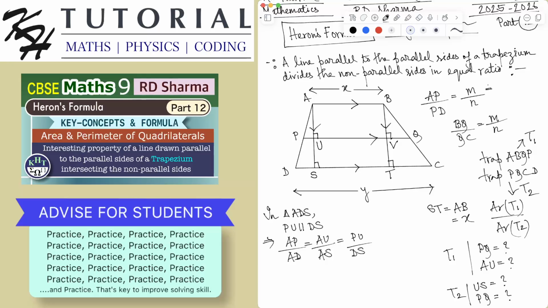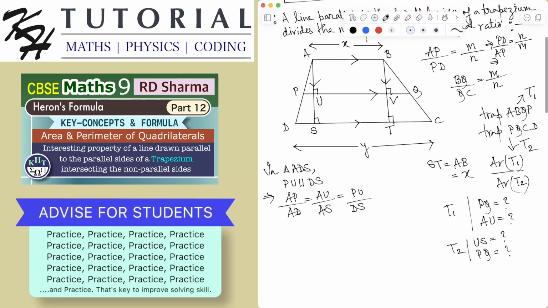Now, from here I can say that PD by AP is equal to N by M. It was given AP by PD is equal to M by N. Obviously the reciprocal will be equal, so PD by AP is equal to N by M. This implies, if I add 1 to both the sides, PD by AP plus 1 is equal to N by M plus 1.